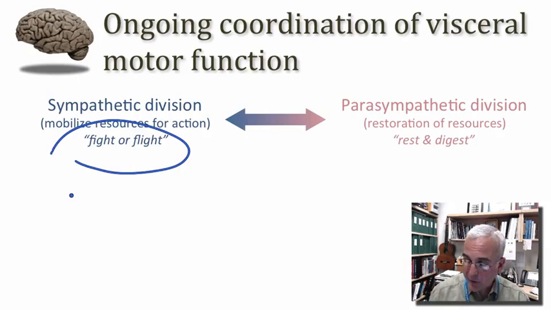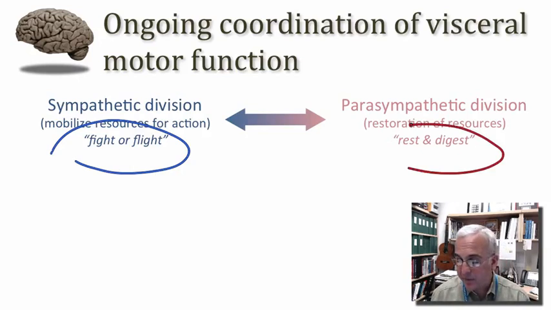And likewise, for our parasympathetic division, sometimes we consider this to be a division that is restoring resources in times of resting and digesting, and it's perfectly fine to use those kinds of monikers as a way of understanding the principal actions of these divisions.